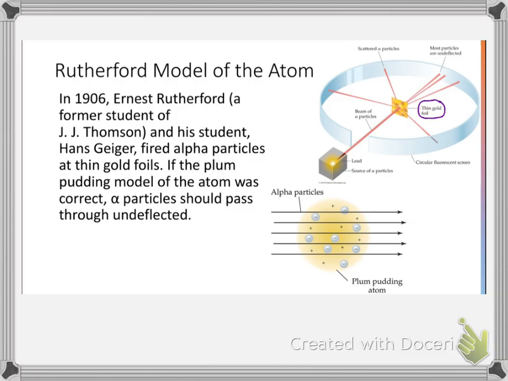What they did was fire what you can see here are called alpha particles. Alpha particles are radioactive particles, and they have a positive charge. So he was firing positive charge into this thin gold foil.